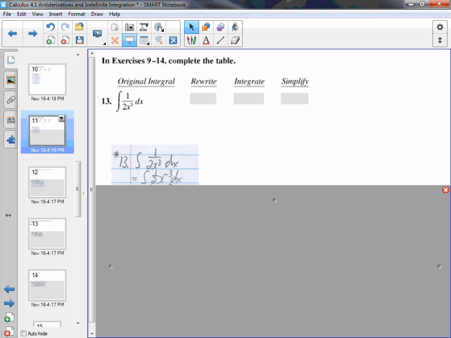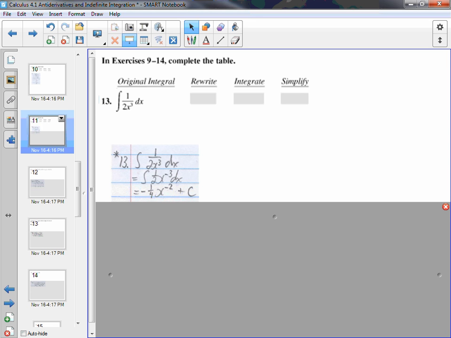And then divide the coefficient by that new negative 2. And in this case, since our coefficient's a fraction, dividing by negative 2 is easier to think of as multiplying by negative 1/2. Right? So what's 1/2 times negative 1/2? And that's an antiderivative.